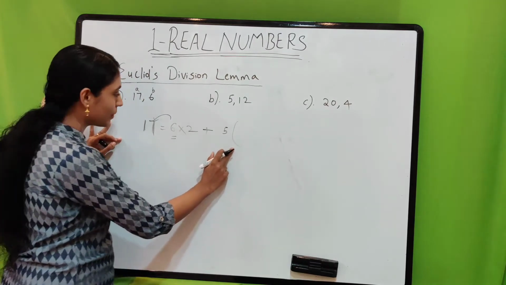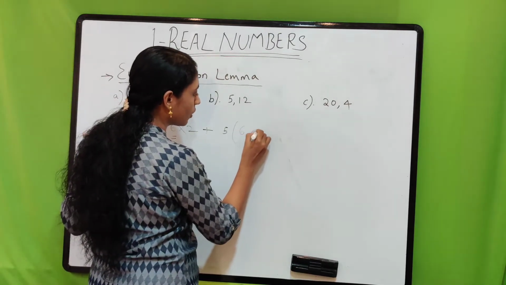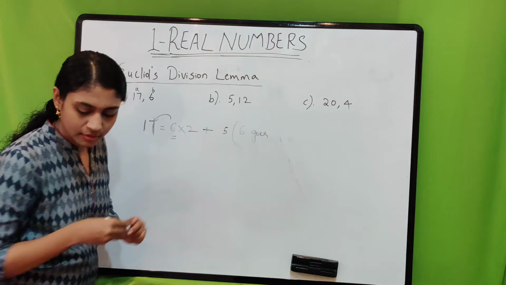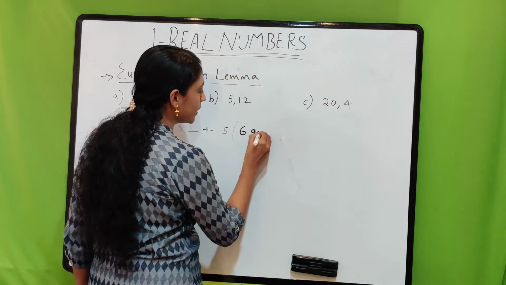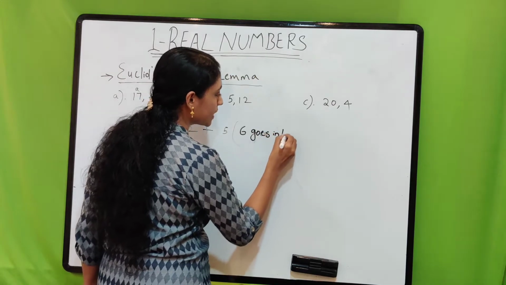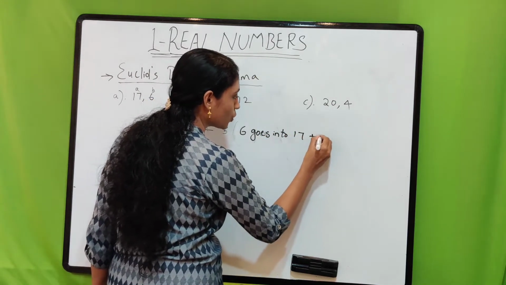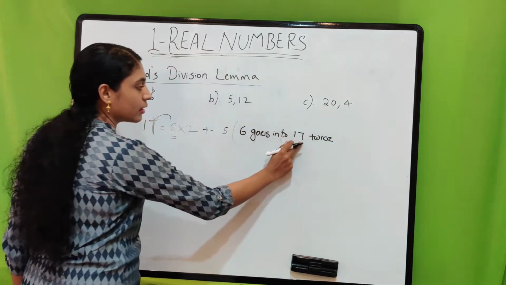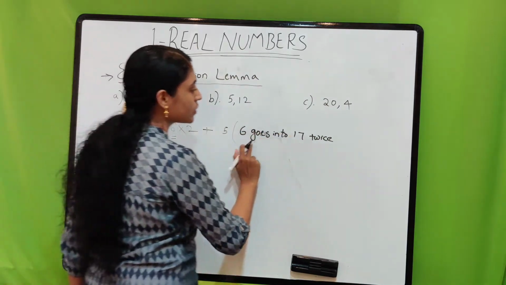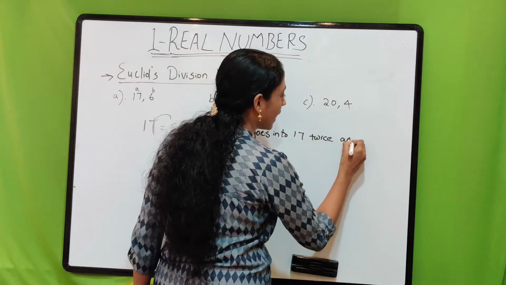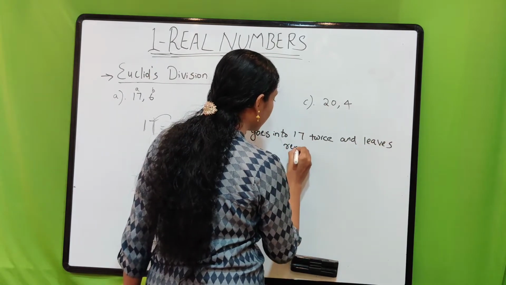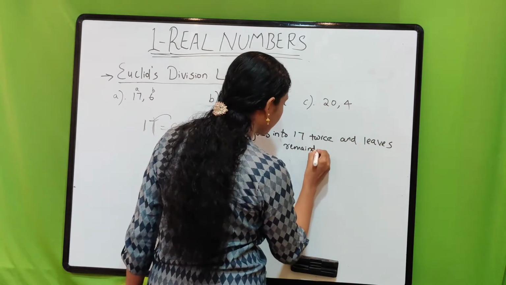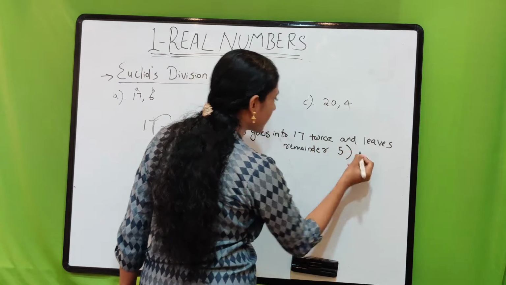That means 6 goes into 17 twice, and leaves remainder 5.